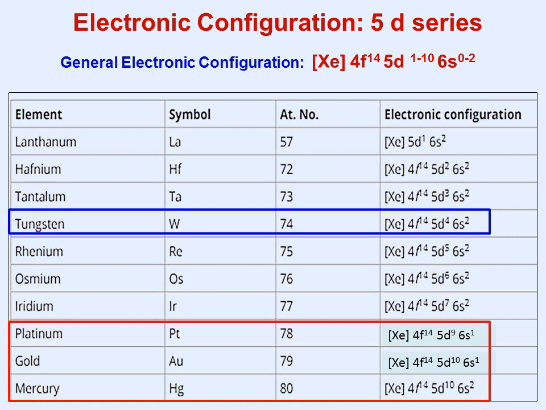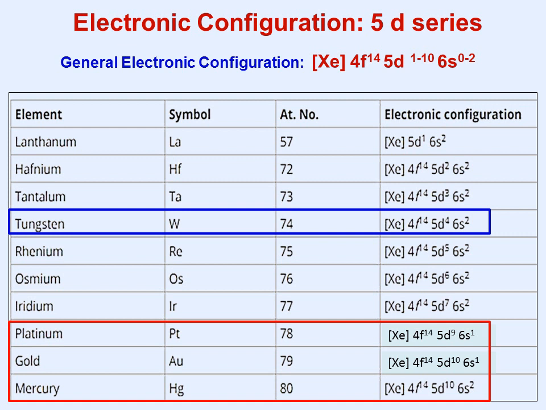This series shows some interesting trends. Unlike chromium and molybdenum, tungsten has regular electronic configuration. It shows regular filling of electrons in its 5d subshell and 6s subshell. Its electronic configuration is 4f14, 5d4, 6s2.